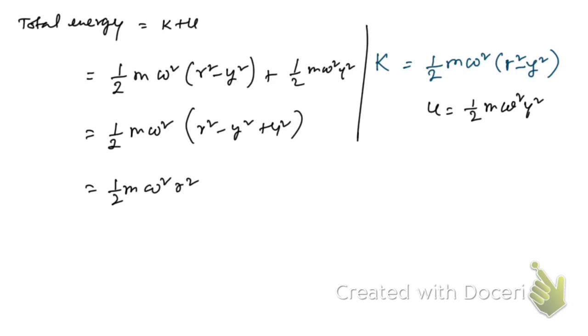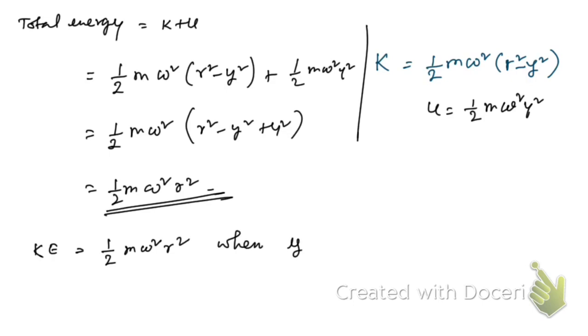This is the total energy of a particle in simple harmonic motion, and kinetic energy will be half m omega square r square when y is equal to 0. For y equal to 0 only, kinetic energy of the particle in simple harmonic motion will be equal to half m omega square r square, right?